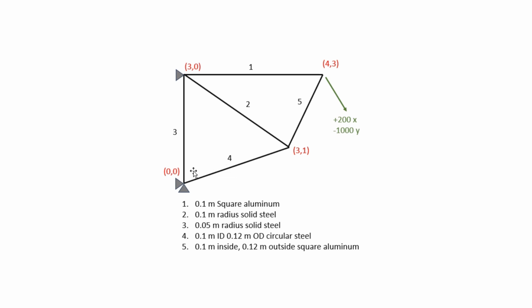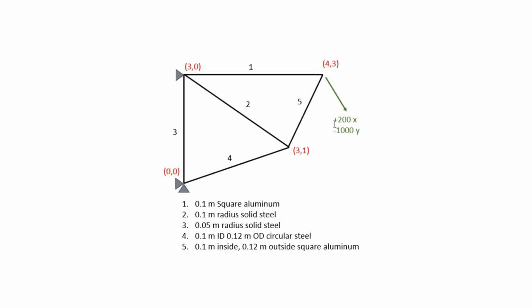You can see our boundary conditions are that this node down here, or this point, is fixed in both the horizontal X and the vertical Y directions, and this point up here is fixed in the horizontal X direction.